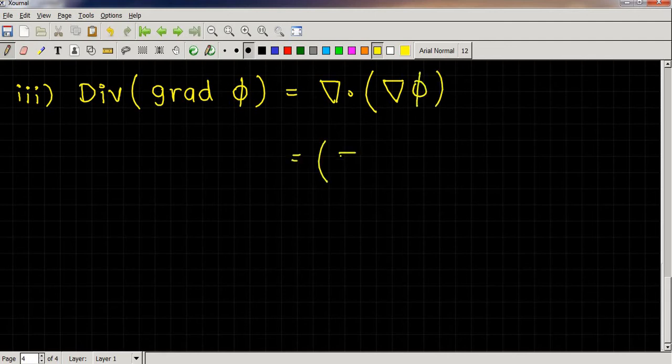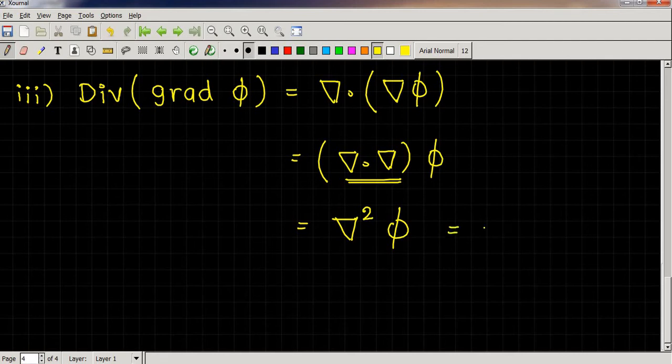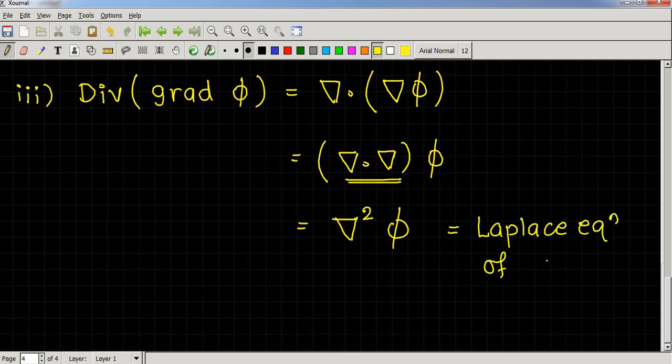So if we collect these two vector quantities together and keep that scalar quantity aside, dot product of same vector is nothing but square of magnitude of that vector. So this is nothing but Laplace equation of scalar function phi. Del dot del phi is equal to del square phi, that is Laplace equation of phi.